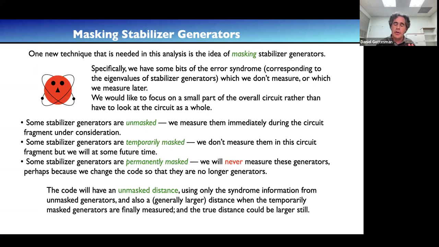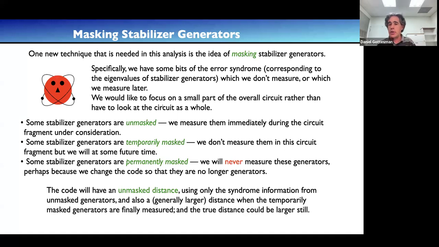So one concept that turns out to be important is the notion of masking stabilizer generators. So the ISG has a bunch of stabilizer elements, and we have to measure the eigenvalues of these stabilizer elements to find the error syndrome and to identify the errors. And so some stabilizers are unmasked.